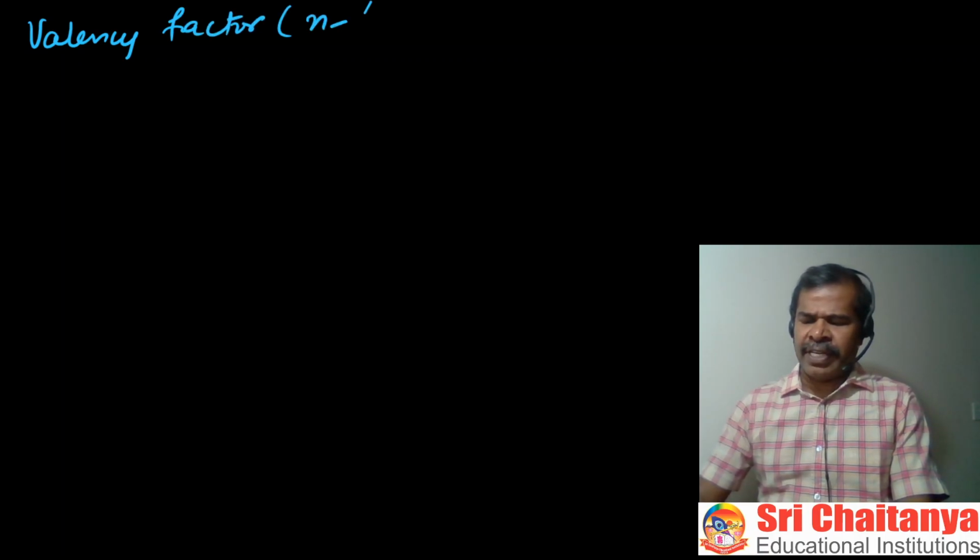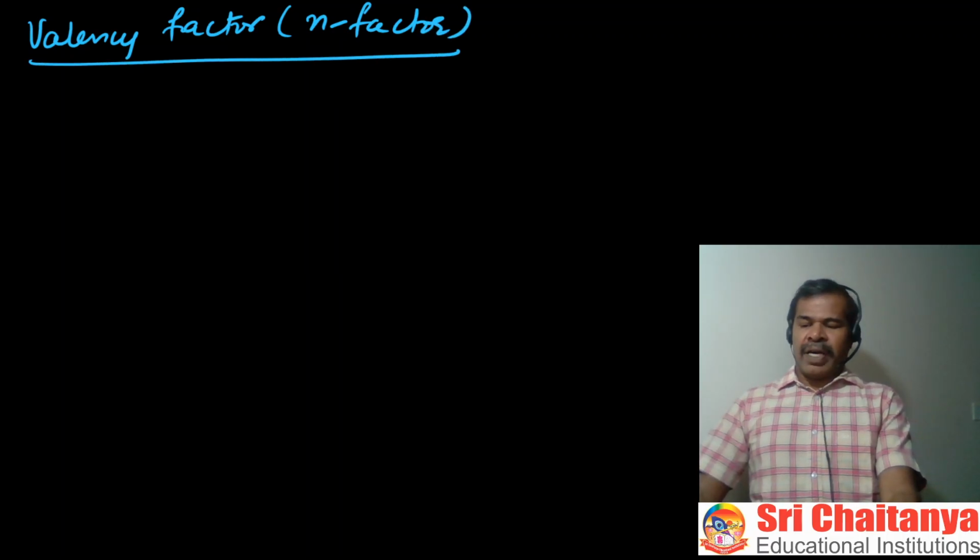Now let's see how to calculate valency factor for a substance undergoing oxidation or reduction. Valency factor, or you would have learned it as N factor, any of them is okay.